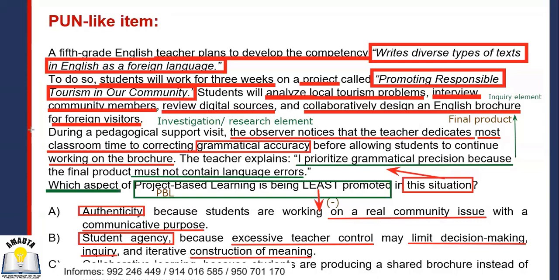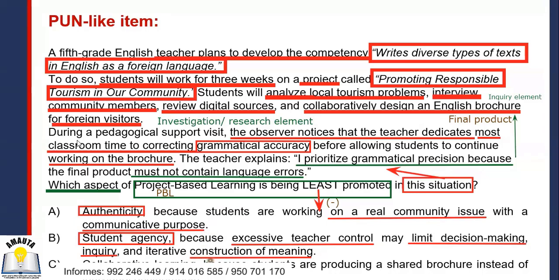Okay. Remember the situation with the observer, right? The student agency, the student autonomy, because of the excessive teacher control. Students don't build meaning by themselves because the teacher gives the answer, the teacher gives everything, right? And they don't reflect on that. Okay.